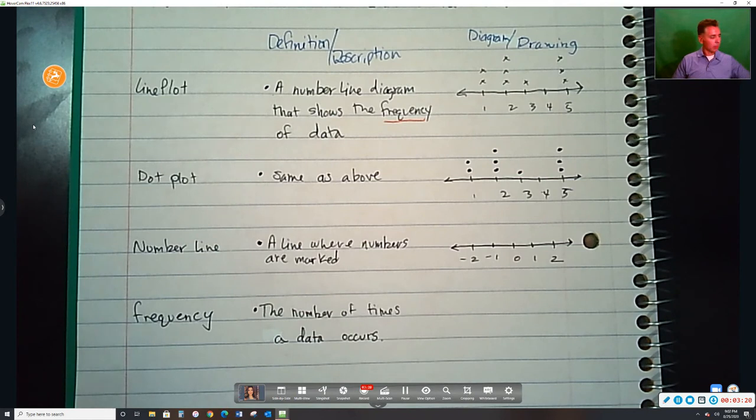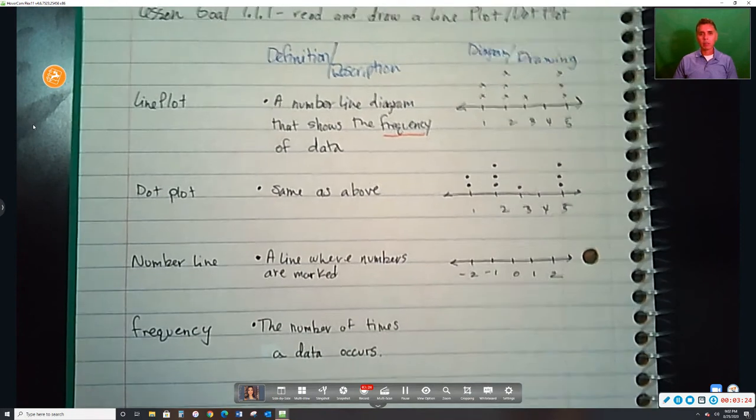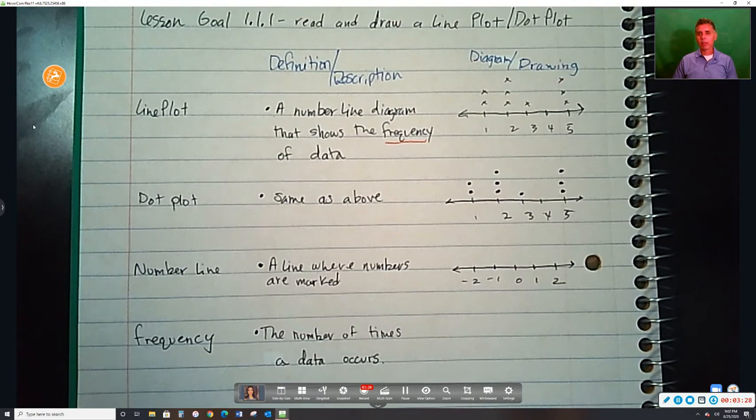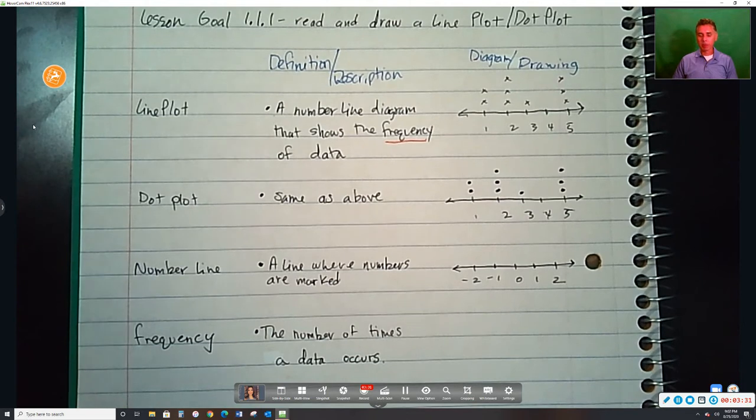So right now, take some time, pause this, make sure you copy all of this before I move on. We are going to move on to the next page, right? Make sure you copy all that before you move on to the next page.